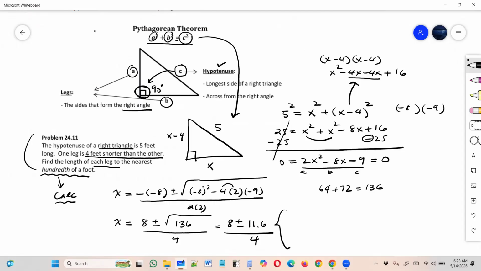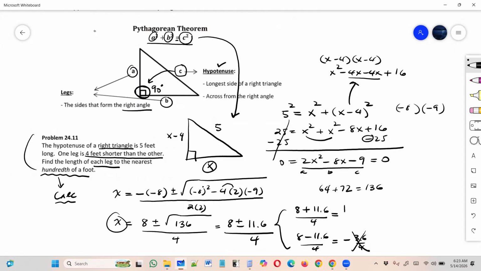Now, just as before, I'm going to have two answers, 8 plus 11.6 over 4 and 8 minus 11.6 over 4. The second one is going to be negative 3.6, right? I don't need to know what that is. This cannot be the answer because x is a length, so it cannot be a negative length. The only valid answer is the first one.